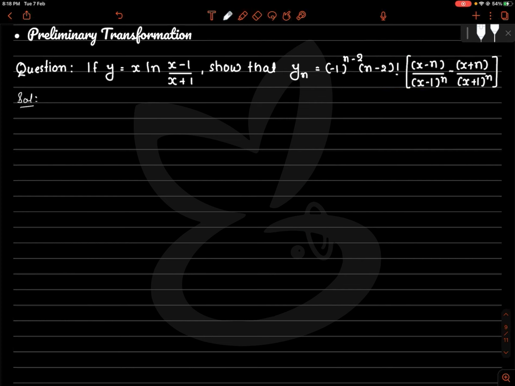So we will use the preliminary transformation method, and for that we will differentiate y with respect to x.